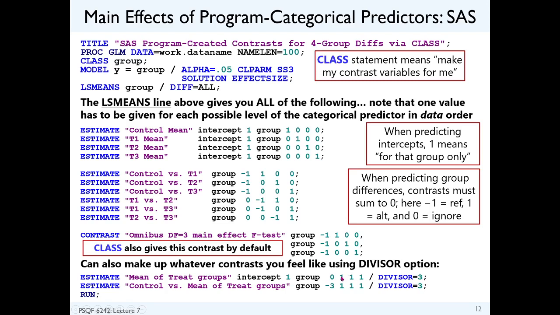So that way it would be like a third, a third, a third. Likewise, if you wanted to then contrast the difference of control versus the mean of the treatment groups, if each of them is a third, then the opposite of that would have to become -3. So the sum of these things has to be 0 for it to represent a difference, and that is true in each of these contrasts given here as well.